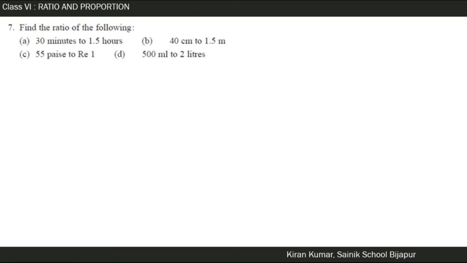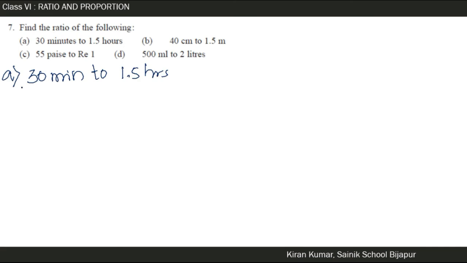Question number 7. Find the ratio of the following. Observe all these, they are not in the same unit. So it is slightly different from the previous one. We need to convert to the same unit. In the first one, they have given 30 minutes to 1.5 hours.